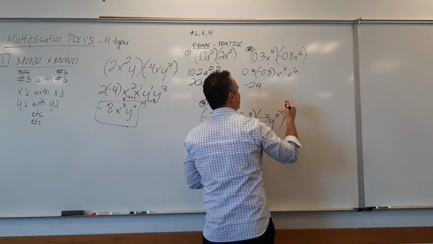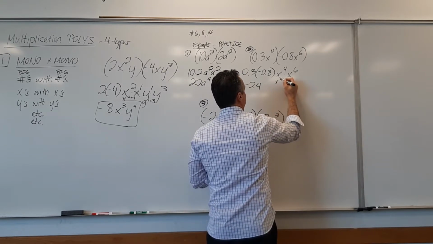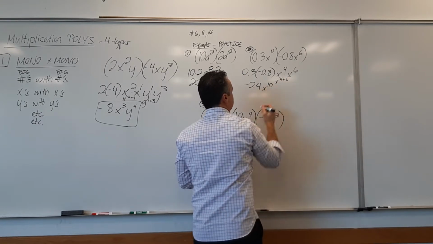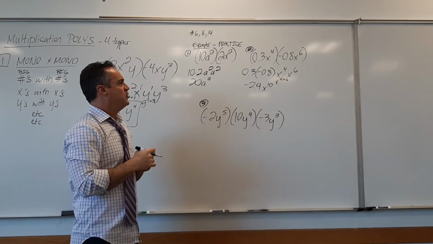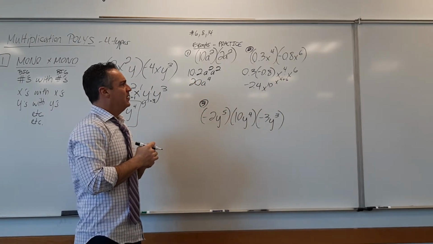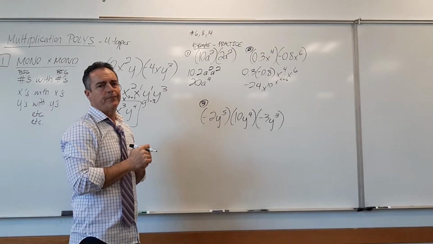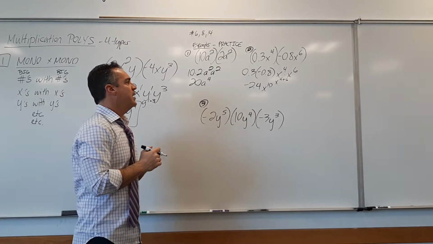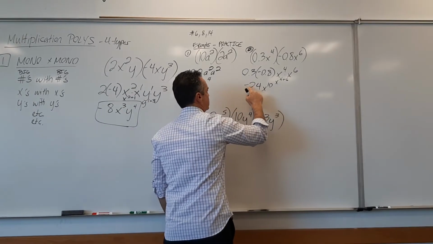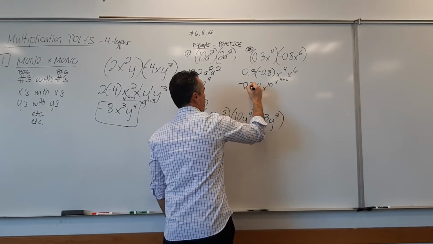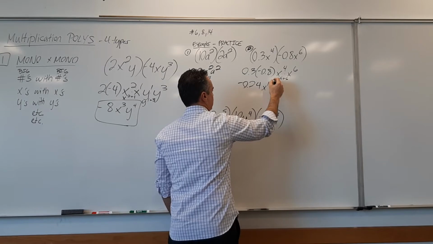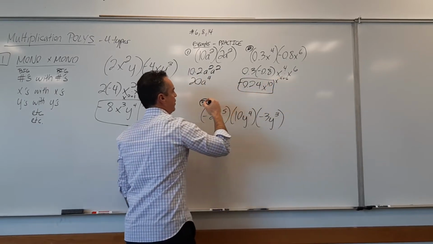And again, that makes x to the 4 plus 6, which makes x to the 10th. Okay, so 0.3 times negative 0.8, is it negative 2.4? Negative 0.24. Oh, okay, see, it is, isn't it? It's negative 0.24. X to the 10th, right? So there is your answer on that one.